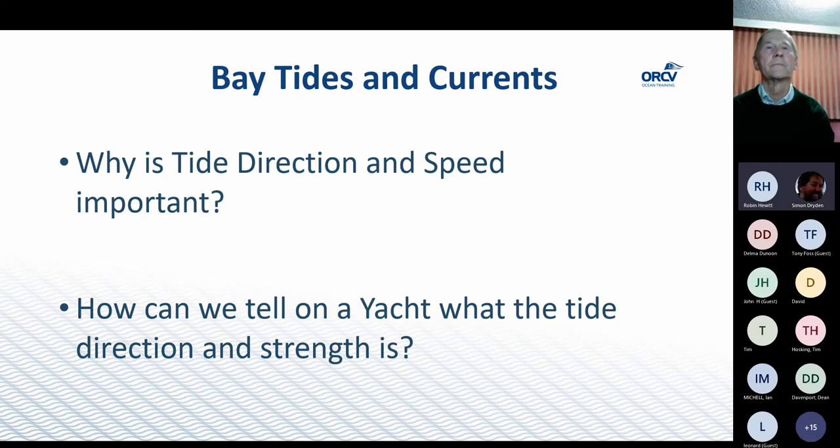If they stay in line, then you don't have any cross tide. But if one or the other is shifting sideways, then that's a sure sign that you've got a cross tide.